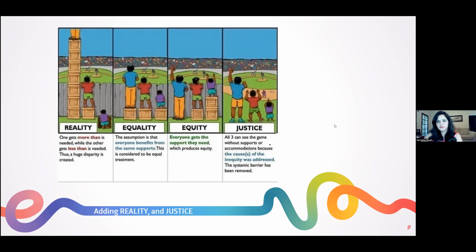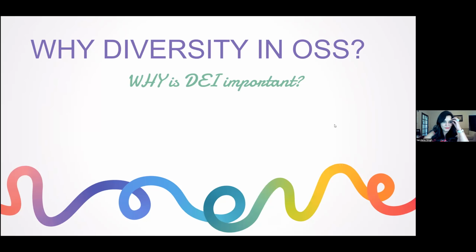So that's just setting the stage for some of the basic concepts and the approach I take in my work, the frameworks I use in my research to understand what is going on in communities in open source software, with respect to women. So with that, we've seen what diversity, equity, equality, and justice look like. But I would like to ask you all, why do you think diversity is important?